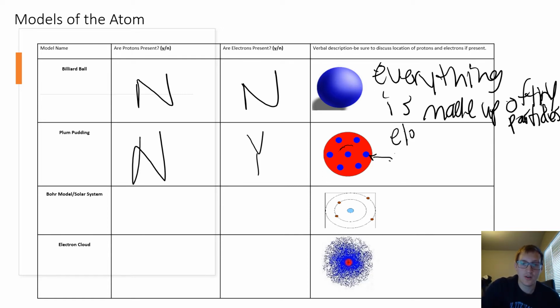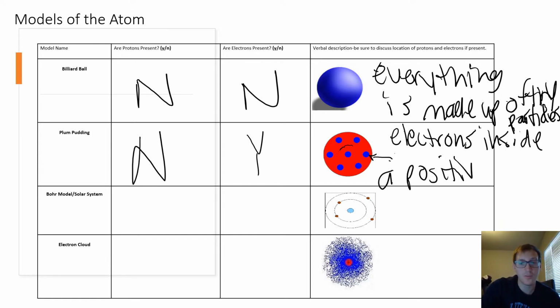So electrons inside a positive material. That's all the plum pudding model was. The reason that we had the plum pudding model was because we figured out that there must be some kind of negative charges in there somewhere because of their ability to repel things.